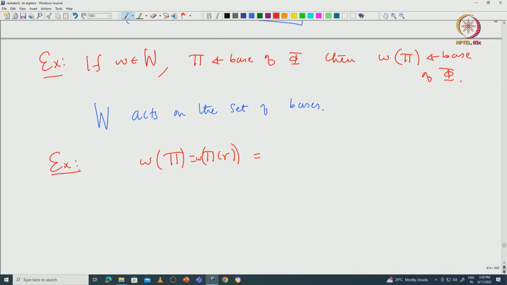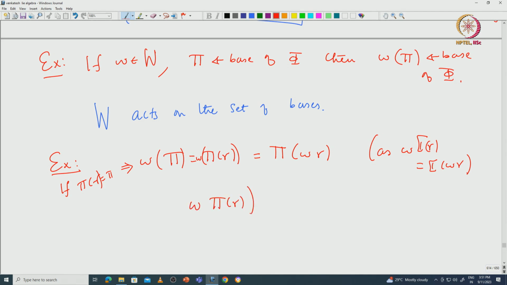If you think about the definition, w of pi equals w of pi of gamma when pi equals pi of gamma. This must be exactly equal to pi of w gamma, as w of C(gamma) is the same as C(w gamma). So that proves that w of pi of gamma is exactly equal to pi of w gamma. This is the way W acts on the set of bases.